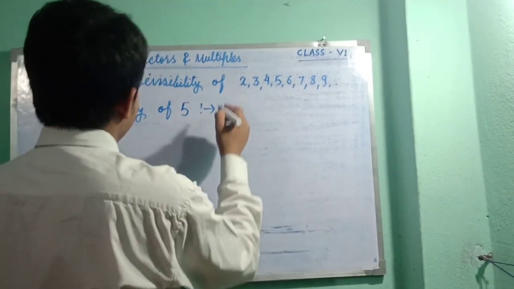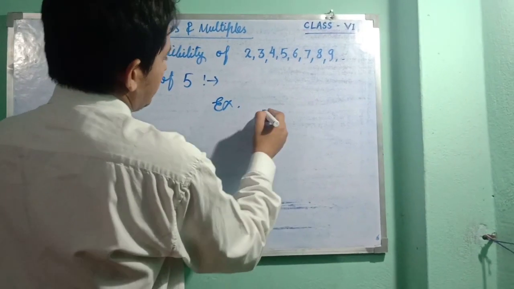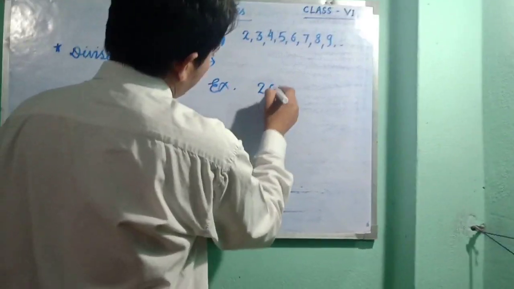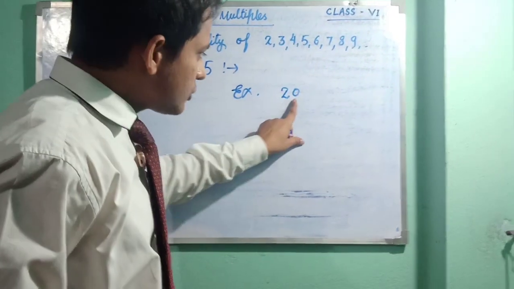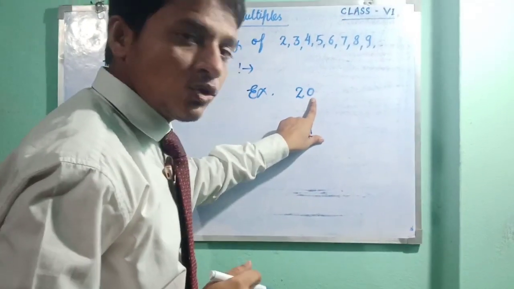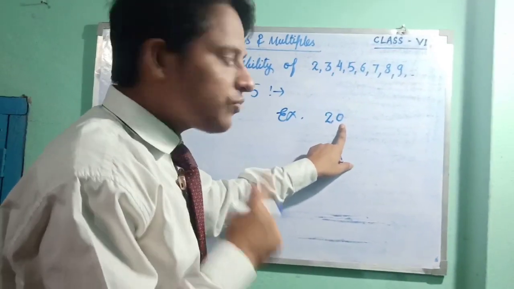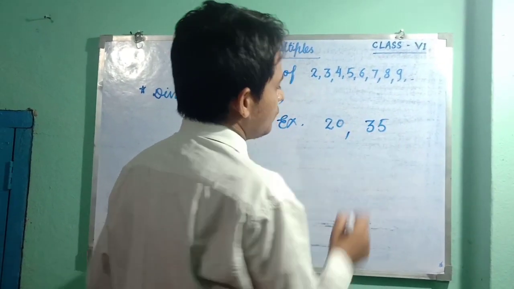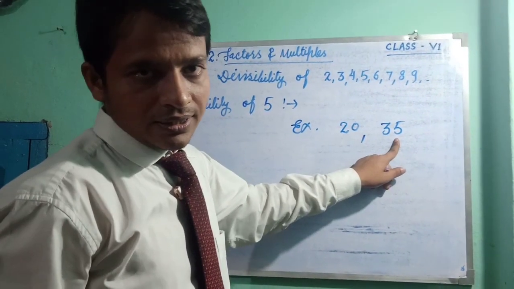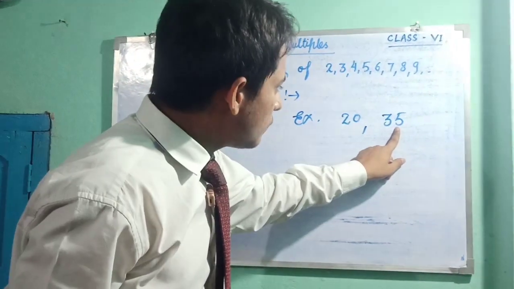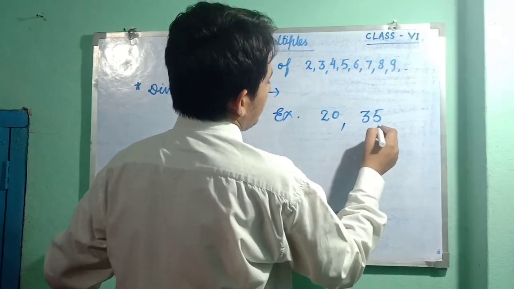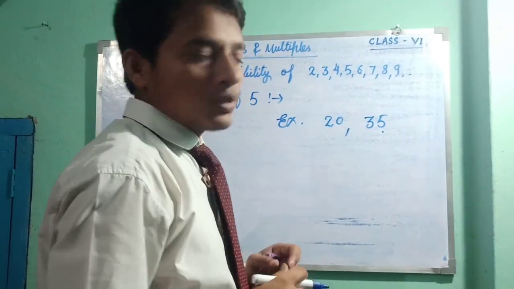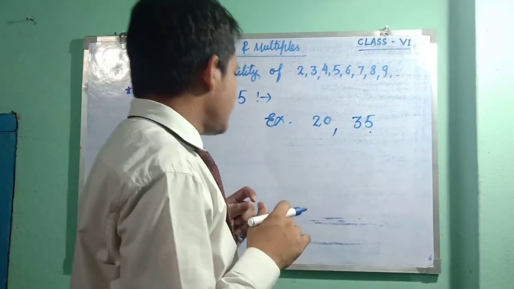Let us see an example. Suppose 2020. See, the ones place is 0, so it is divisible by 5. Now here the ones place is 5. It is also divisible by 5. Why? Because the ones place is 5 or 0, which means the whole number will be divisible by 5.